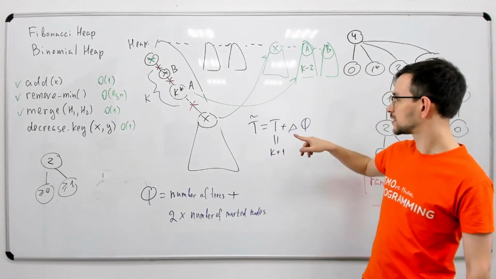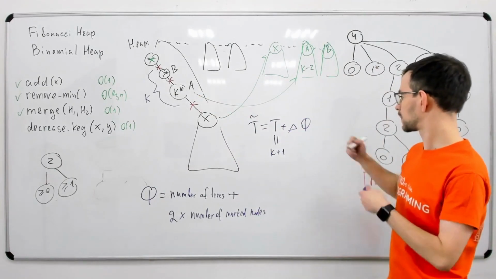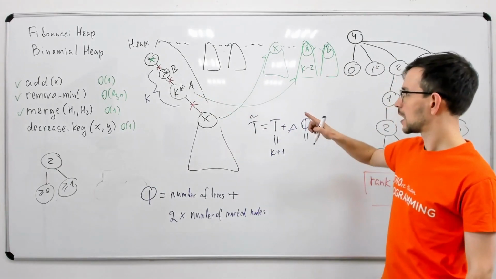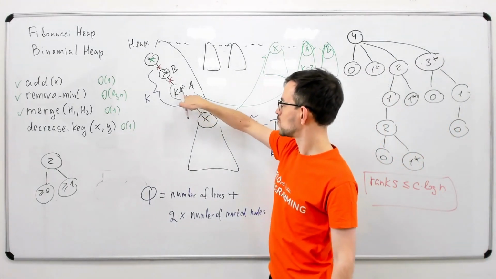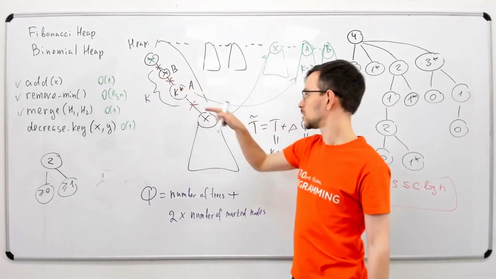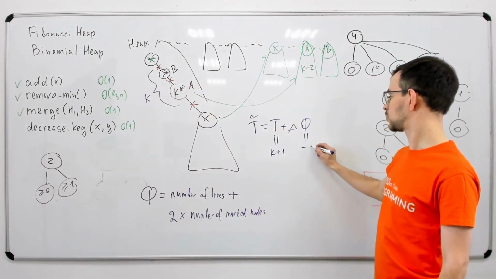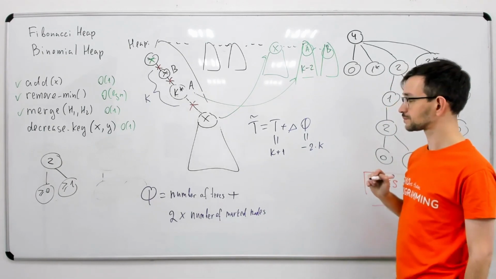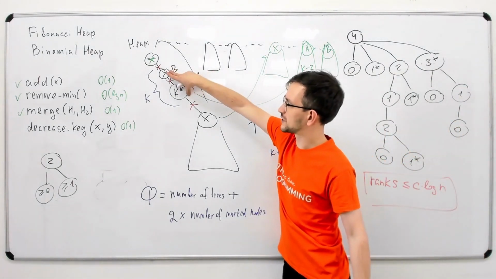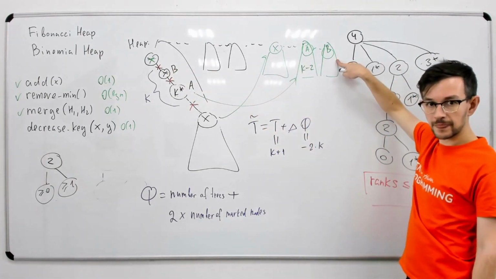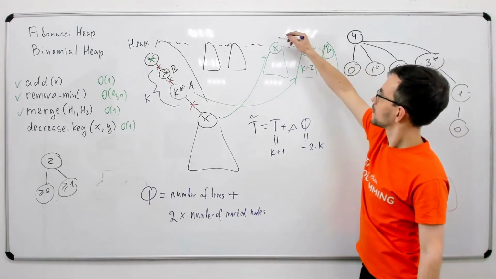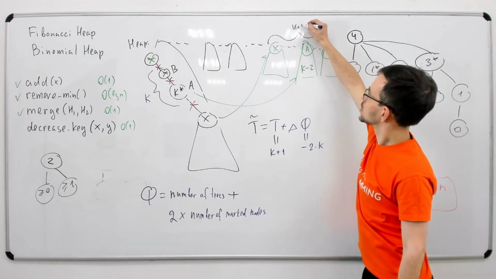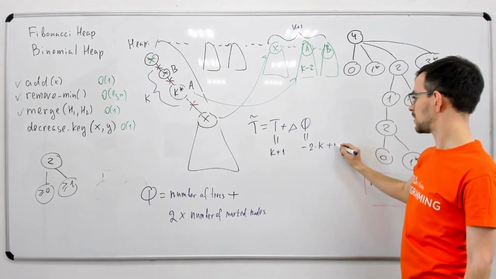Then what happens to the change of potential here? How is the potential changed? I remove these marks, so it is decreased by 2 multiplied by k. Now I move these nodes to here, so I have k plus 1 new nodes here, so it's plus k plus 1.